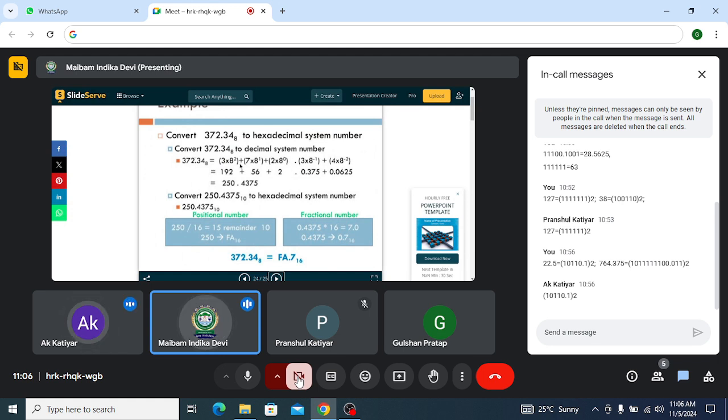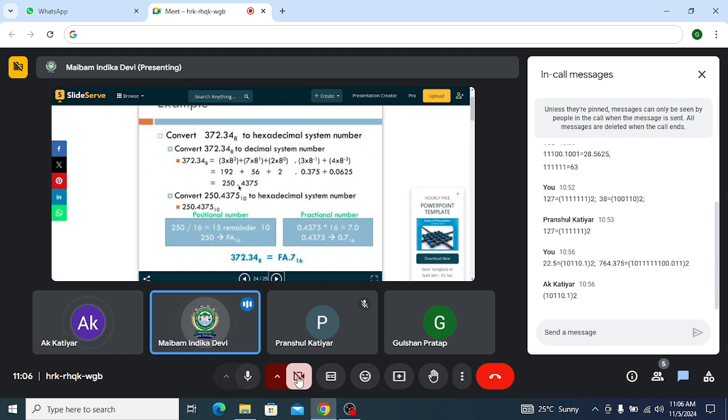Then you write this dot, whatever the dot is. Then 3 into 8 to the power -1, after the decimal, and 4 into 8 to the power -2. So this is the value you get after the decimal point. You add the non-fractional part separately: 192 plus 56 plus 2 will be 250.